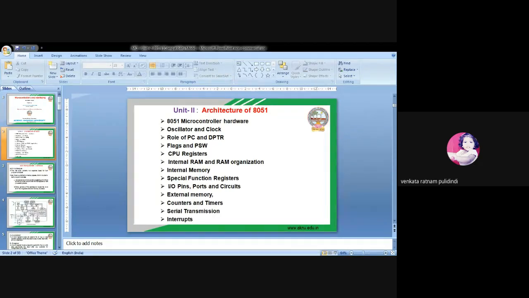In last classes, we have discussed about the basic features of microcontroller, and discussed about the difference between microprocessor and microcontroller, and we studied the various 8051 microcontroller family controllers. We saw the RISC architecture and CISC architecture and Harvard architectures and compared with the architectures available.